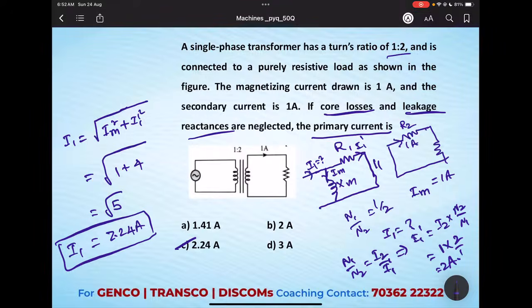That means we need to shift the secondary parameters to the primary side, and primary parameters to the secondary side, based on the question. If you are clear about how the secondary voltage, resistance and current convert to the primary, and vice versa, we can solve this type of question easily.